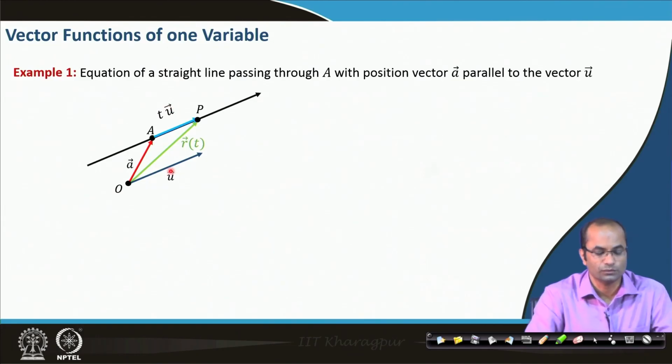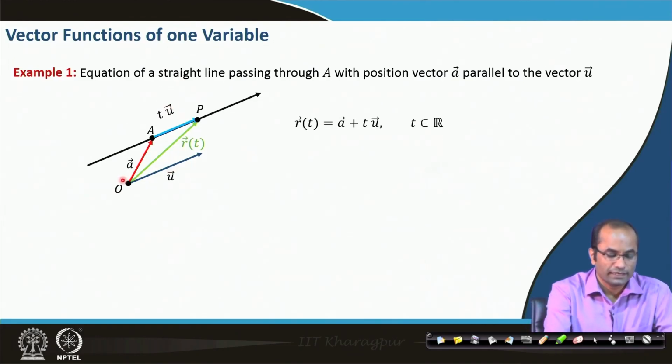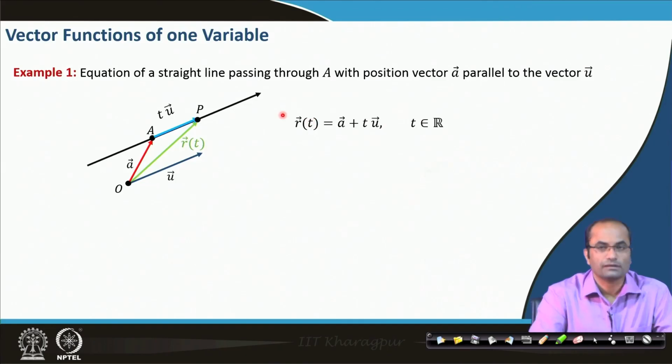Then from vector addition, A plus t u gives us this position vector r. So, the position vector of a general point on this line is given by A plus t u, where t can vary over the set of real numbers.